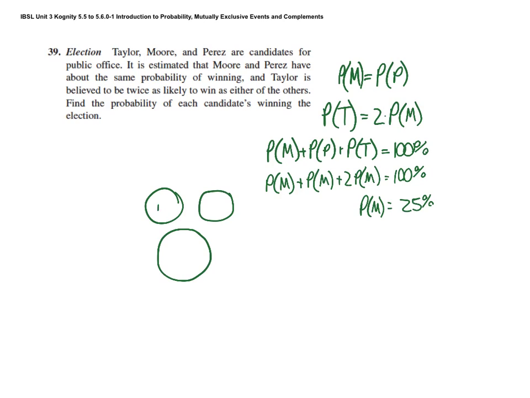So here's Moore, Perez, and Taylor. Those are three mutually exclusive events. So the union is just going to be all three of them added together. There's no intersection that we've got to subtract because we didn't count anything twice. That's really what we're using right here. You could say it's the probability of one of those three winning.